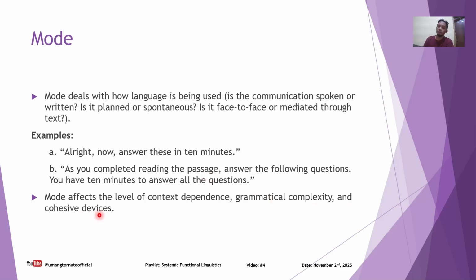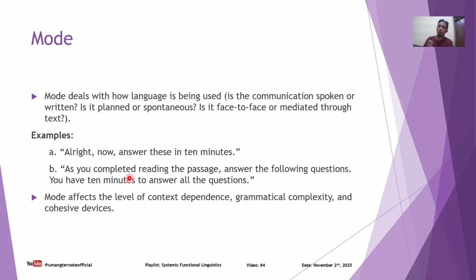And cohesive devices. Cohesive devices are used to structure the text, but in this case, we can think like this. In spoken interaction, we can repeat what we have said to make sure that the listener understands what we are saying. But in written text, we usually avoid repeating what we have said.